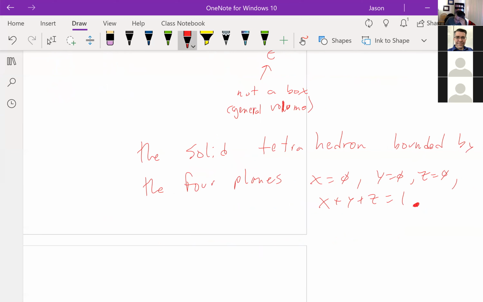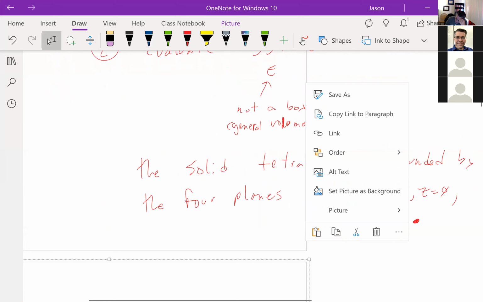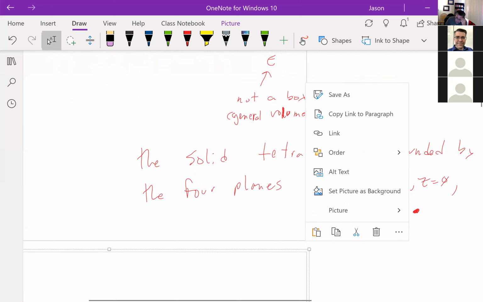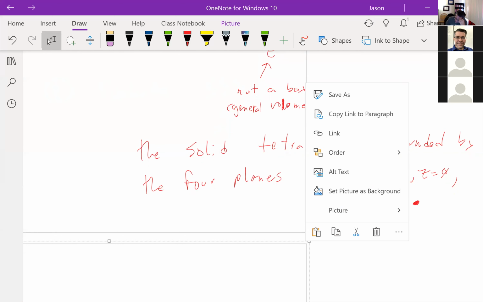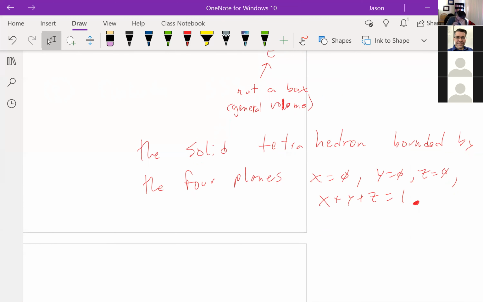Let's see how we can find our limits of integration here. Let's look at what is happening with this volume. We're bounded by these planes.